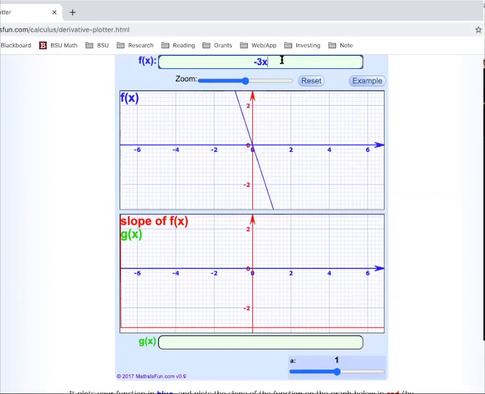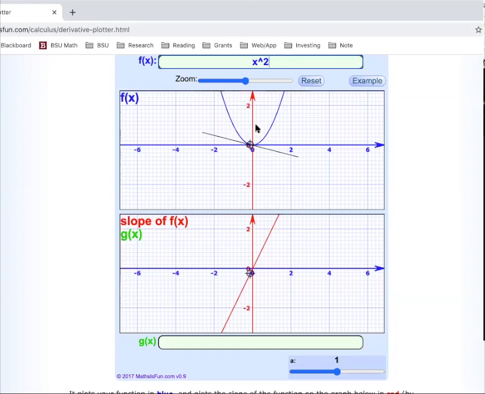Now move on to quadratic functions, x squared. The derivative of x squared is equal to 2x, which is a linear function. So the derivative of a quadratic function is a linear function. Now the derivative of a cubic function: the derivative of x cubed is 3x squared. So the derivative function is a quadratic function.